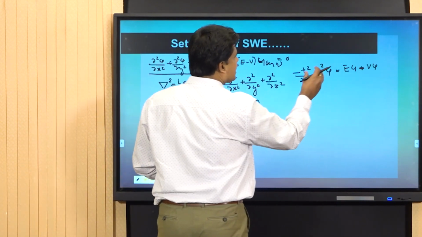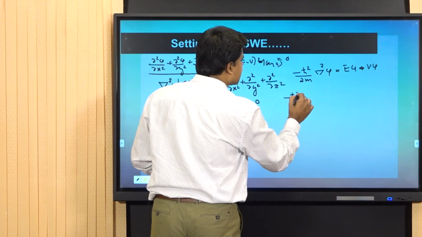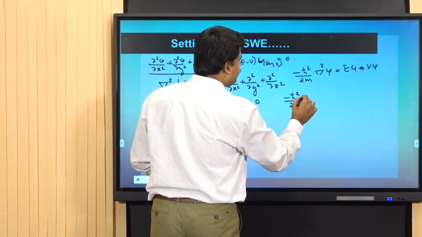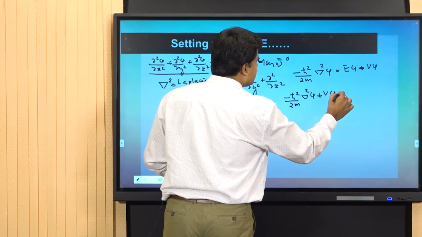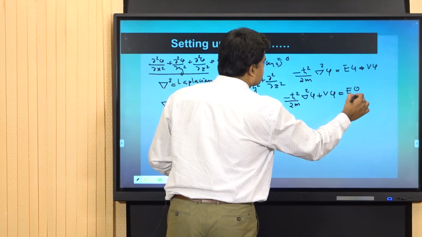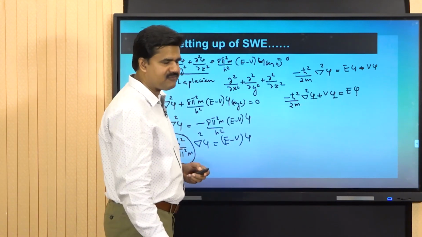That minus V psi can be brought to the left side. That is minus h cross square by 2m del square psi plus V psi equal to E psi. Or here we can take psi as the common factor.